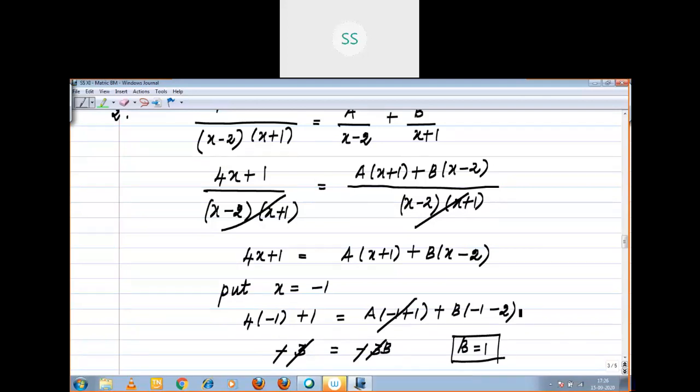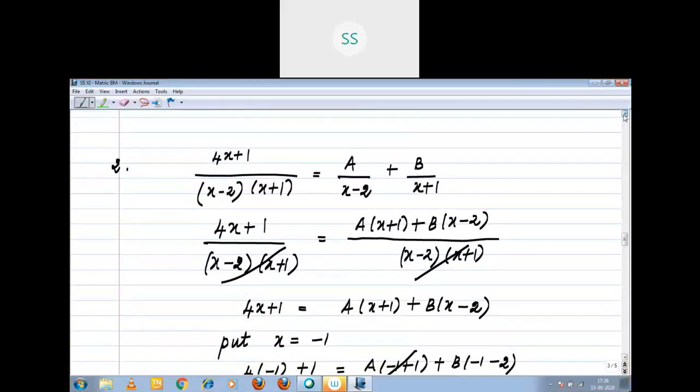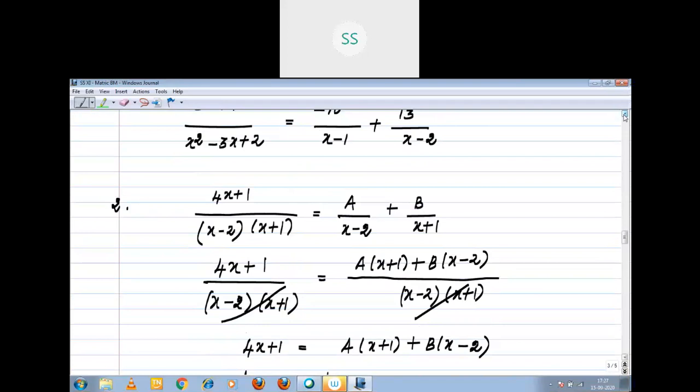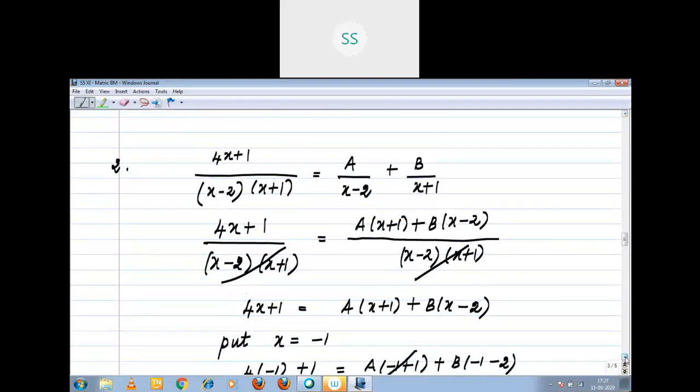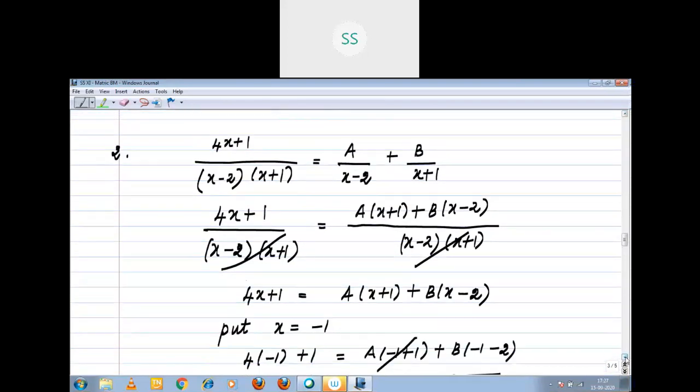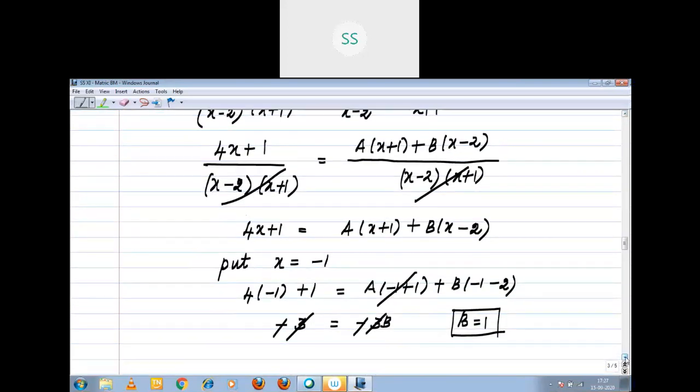Once again I am going to teach you. Listen carefully. Question number 2, what is given? The denominator is a non-repeated linear factor, so I wrote A by (x − 2) plus B by (x + 1). Then, the denominator on the left-hand side, the same way I modified on the right also.